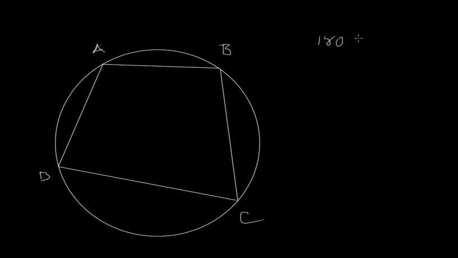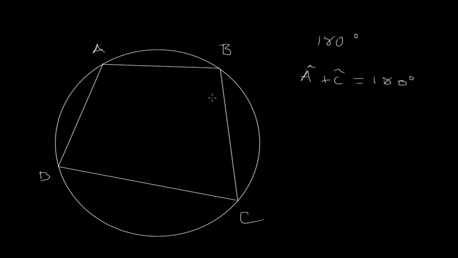So 180 degrees is a very big deal in this topic. So in this case, which angles are opposite each other? We've got angle A, which is this one, opposite to angle C. Angle A plus angle C should give us 180 degrees.